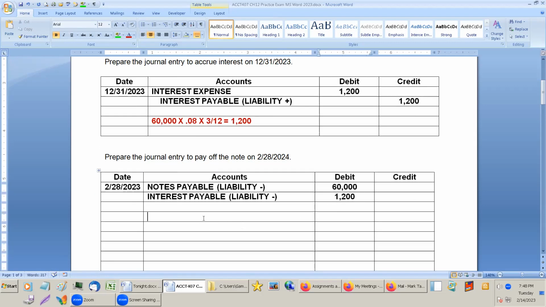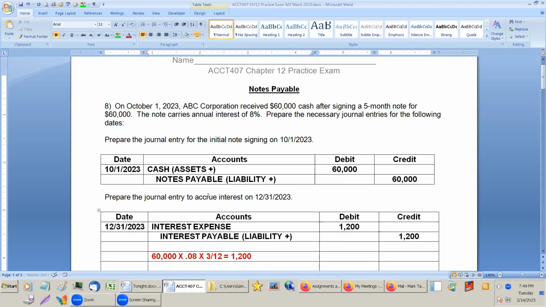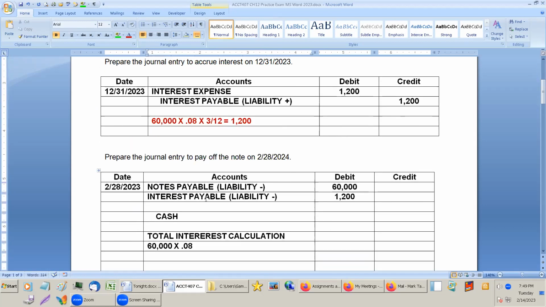And there are a couple of ways we can do the other one. I'm going to do it with the cash method. And the question is, how much cash do we have to pay these people? Well, we have to pay them the interest. This is the total interest. Going to the calculation, we had 60,000 times 0.08, and this is for what, 5 months? 5 months.